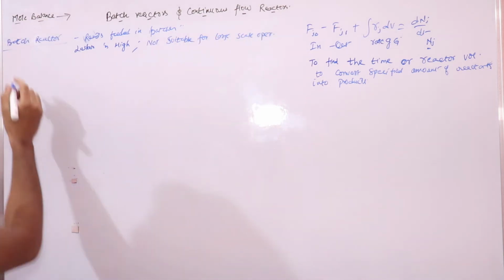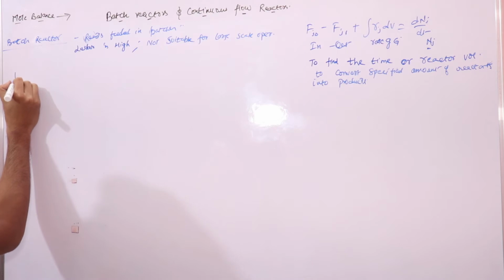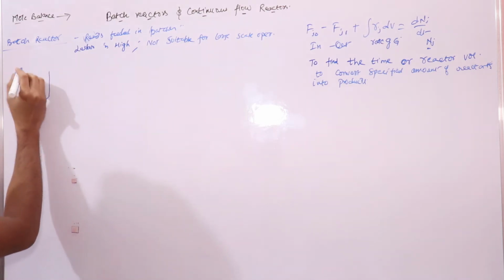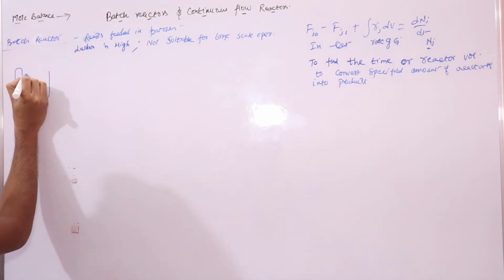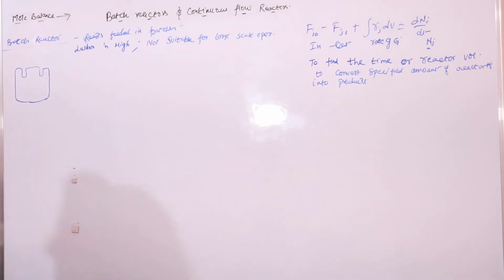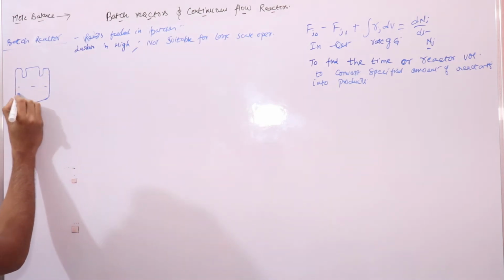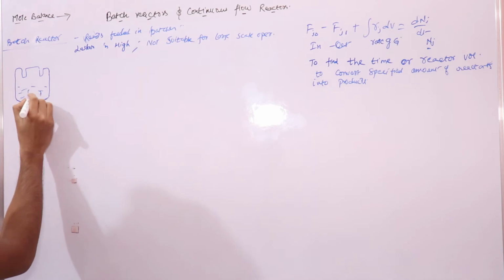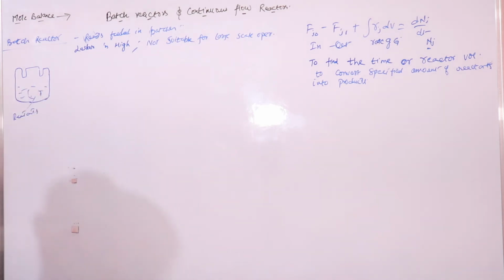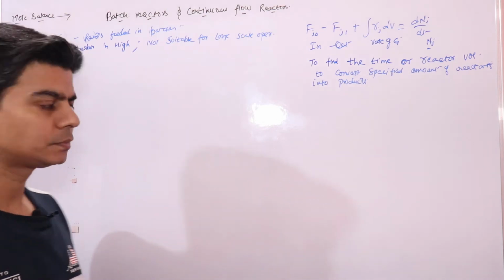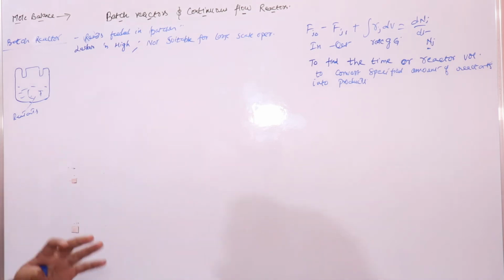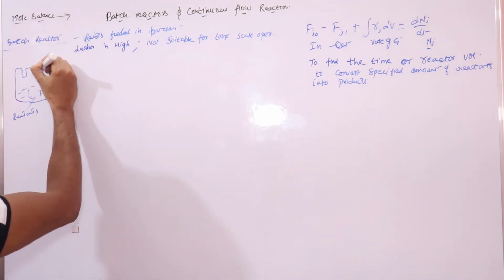And how it looks, you can just look at the reactor in your book. It would be somewhat like this. This is the reactor where you can put in your reactants, where inside the reactor the reactants are allowed to mix.